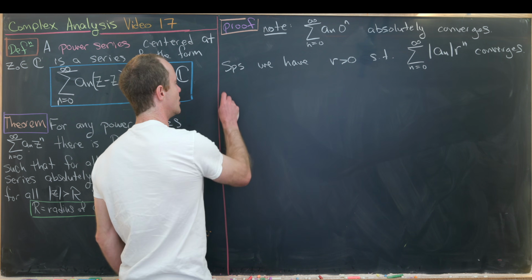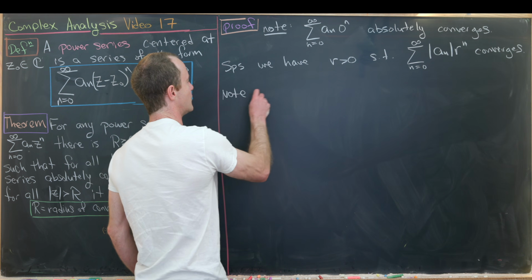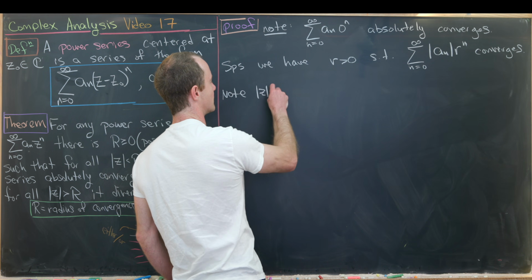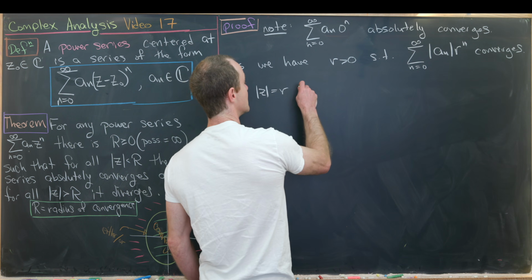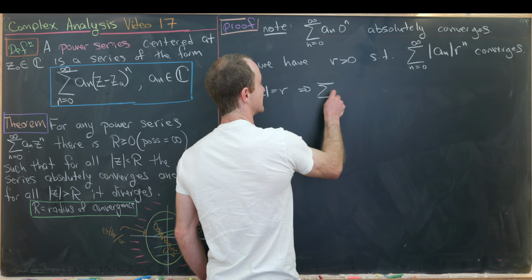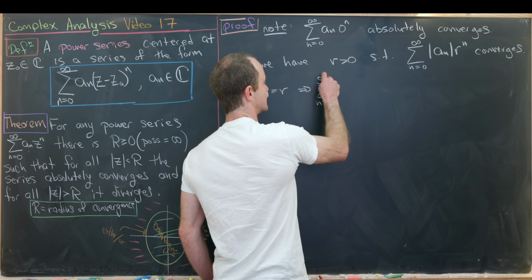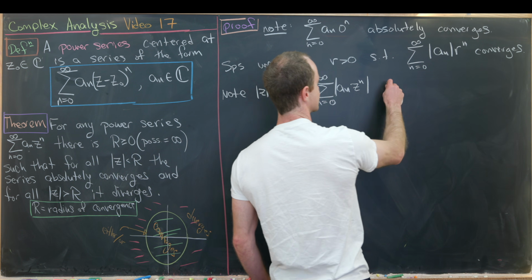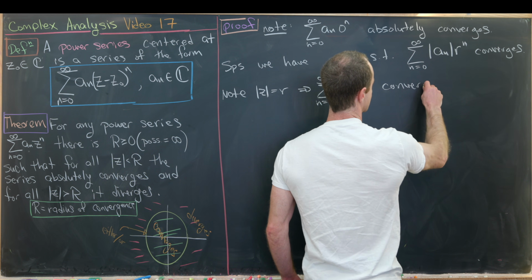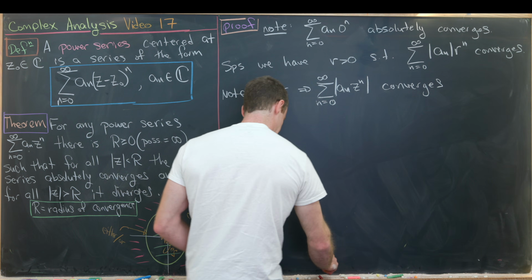And now let's note that if we have a z in the complex numbers where the modulus of z is equal to r, then we know that the sum as n goes from 0 to infinity of a_n z^n, where we take the modulus of the whole thing, converges. Why is that?